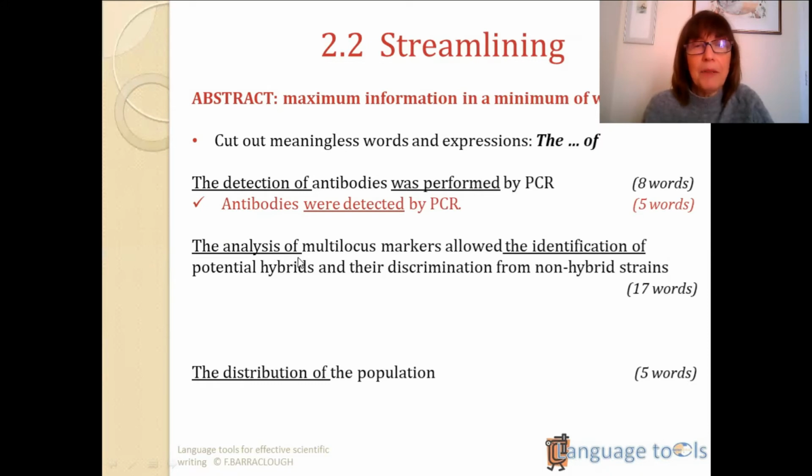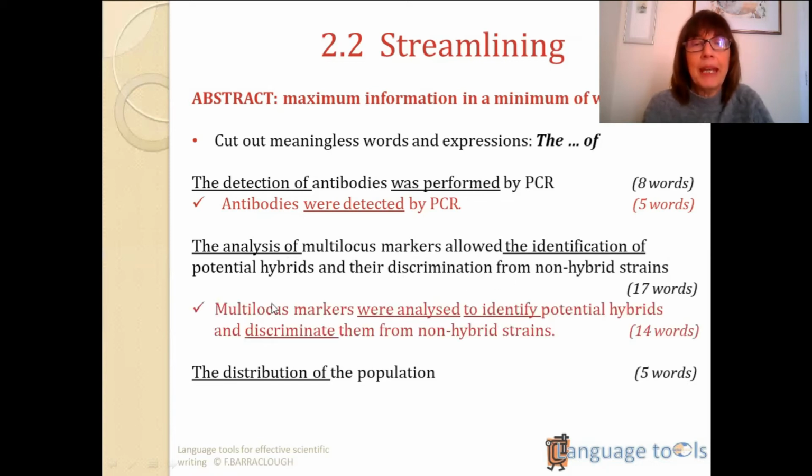We have another example. The analysis of multilocus markers allowed the identification of potential hybrids and their discrimination from non-hybrid strains. Okay, again, we can just change that. We can use the verb to analyze and to identify.